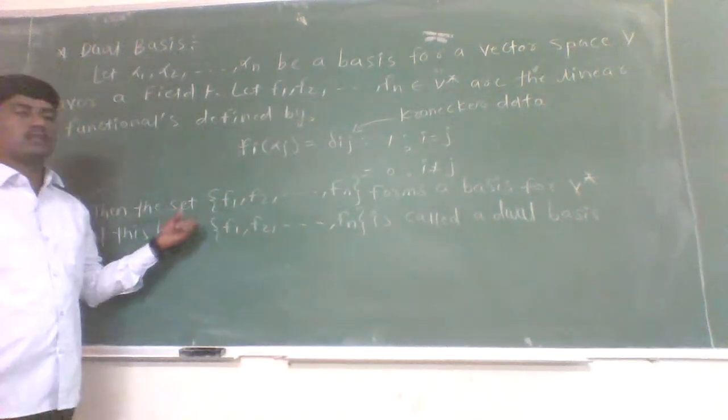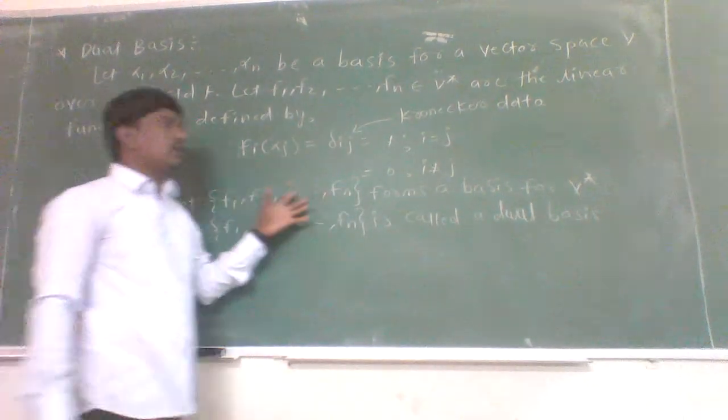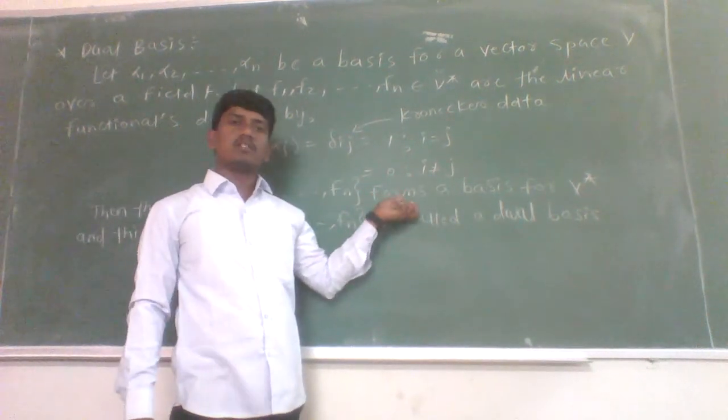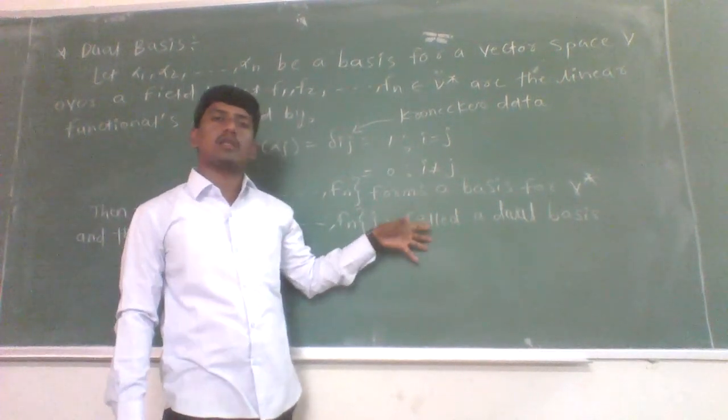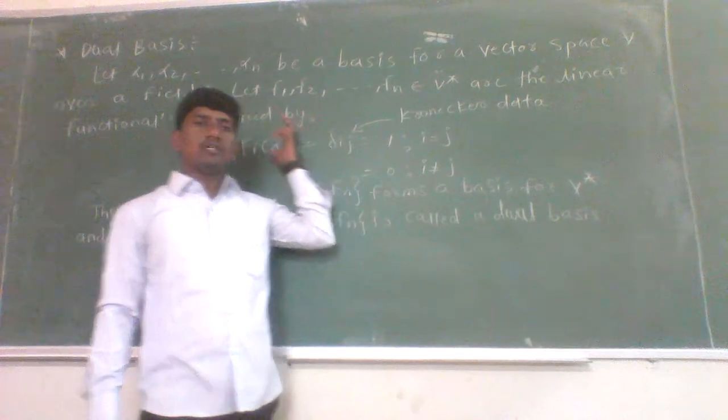What is a dual space? Dual space is simply a collection of linear functionals, and we have to find the basis for that dual space, which is a dual basis.